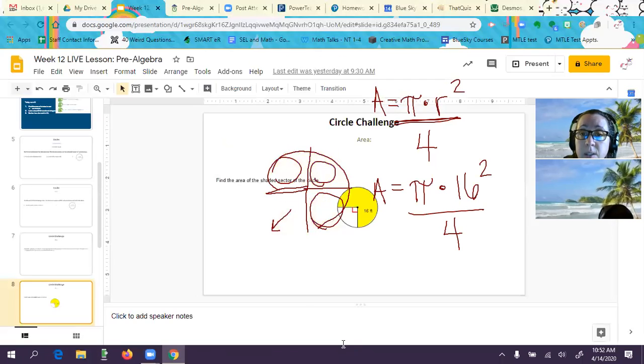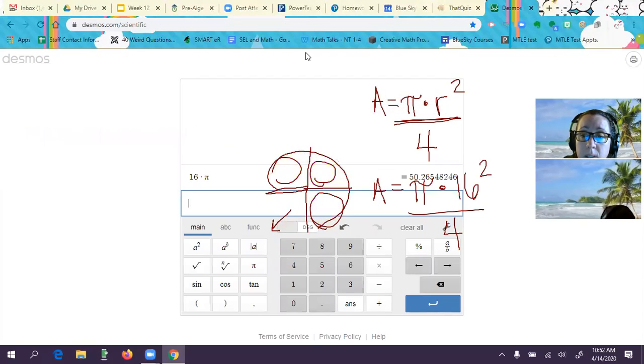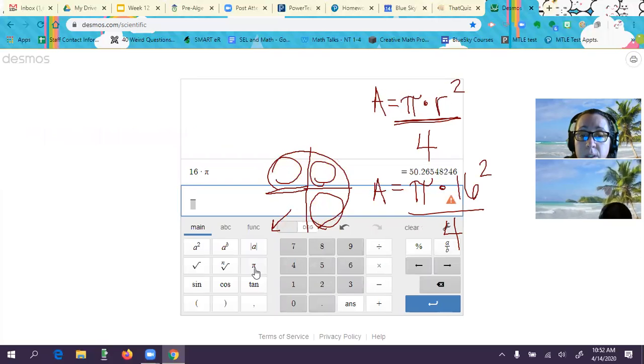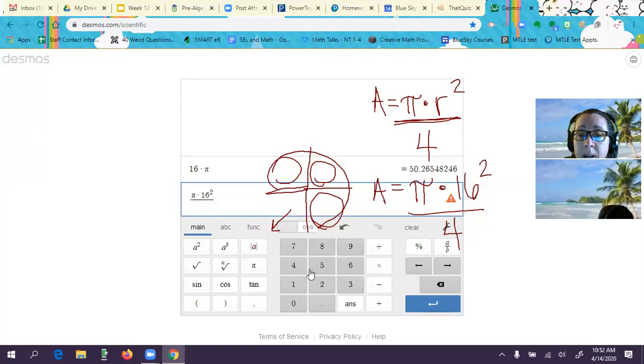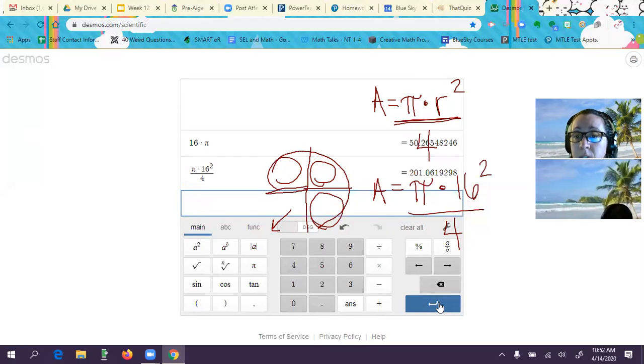Pi times 16 squared on the top, and on the bottom, I split it into fourths. So what do I get? 201.06. So let's round it to 201.1.